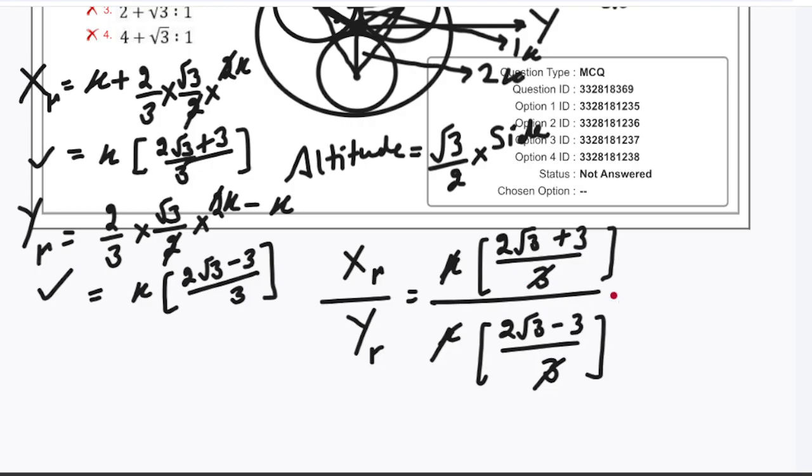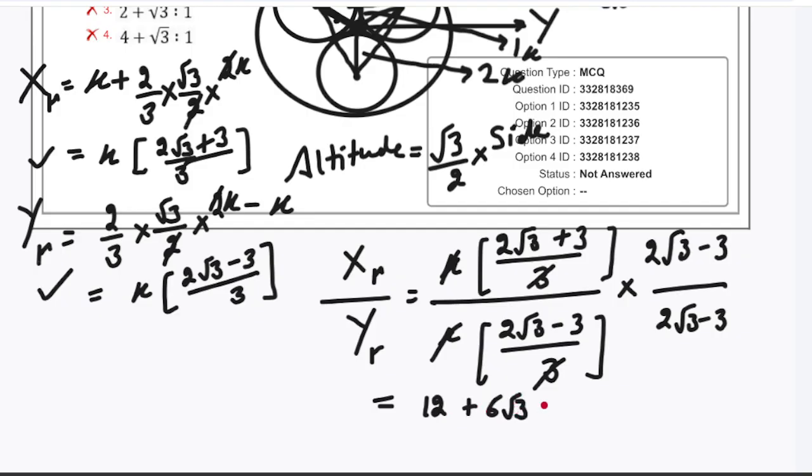Now we just rationalize it: 2 root 3 plus 3 divided by 2 root 3 minus 3. At the top we're going to get 2 into 2, 4, root 3 into 4 into root 3, that is 12.